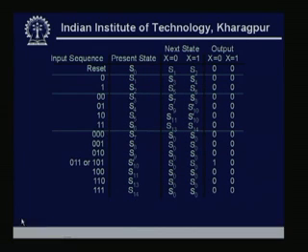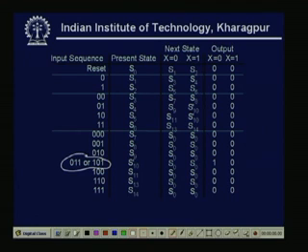As the next states are S0 and S0, this is a new present state, S10 dash, the new renamed state.